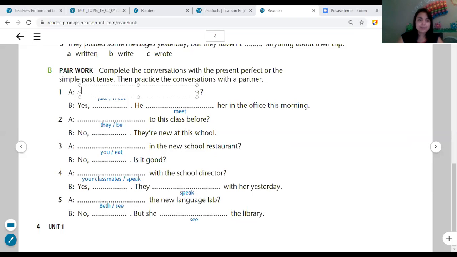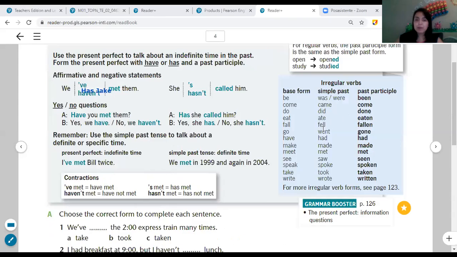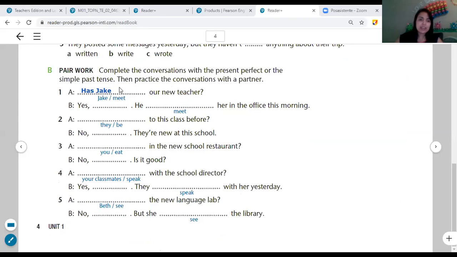Has Jake, okay? And what is the past participle of meet? Met. So, has Jake met our new teacher? And we're going to answer with a yes, no question.